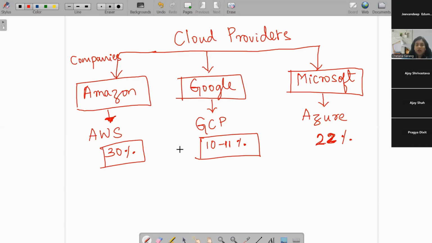Each one of them has positioned itself for a different market segment. Having said that, Amazon holds the highest market share, about 30%, then Microsoft, and Google 10 to 11%. So first place is Amazon, second is Microsoft, and third is Google.